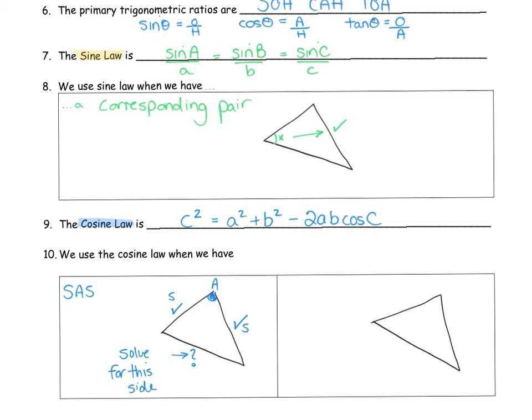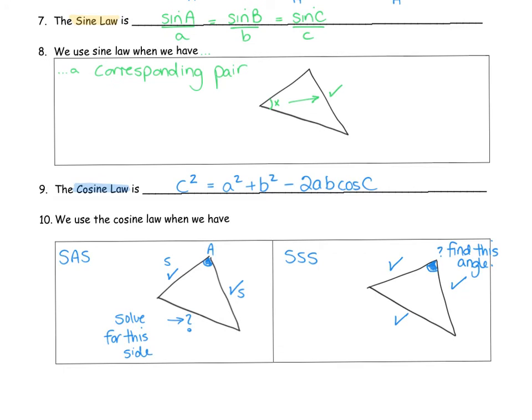The other scenario is when we're given all three sides and we need to find an angle. In this case, you can be finding any angle you want, but let's say we wanted to find this angle in here. Those are the two scenarios where we use the cosine law.